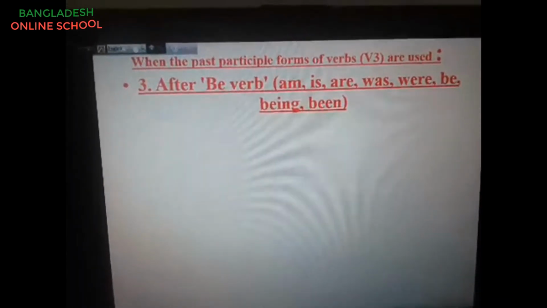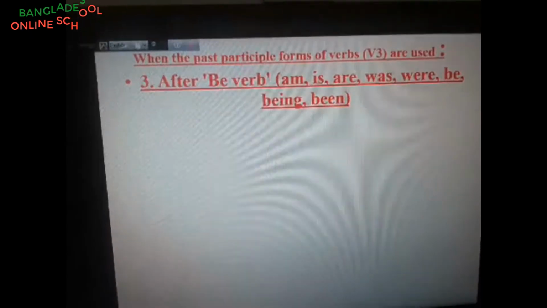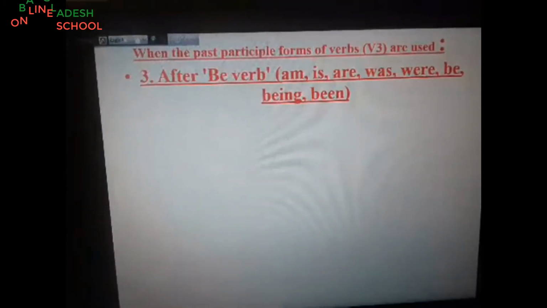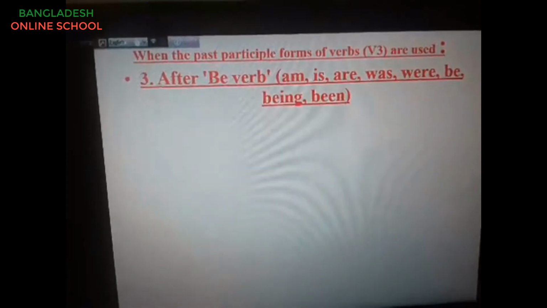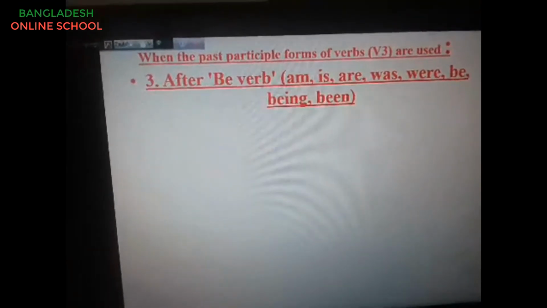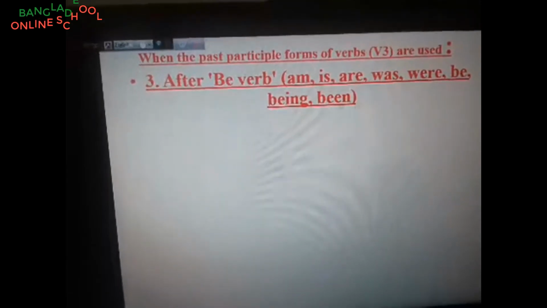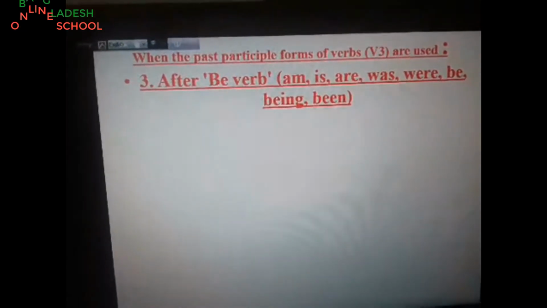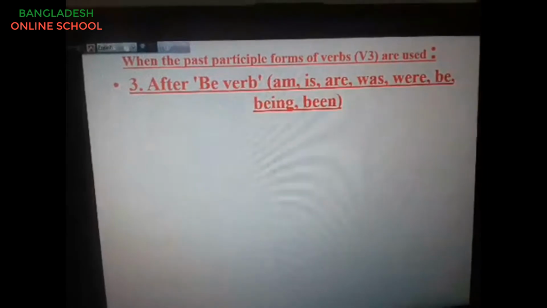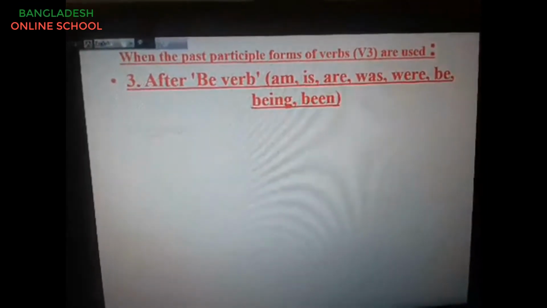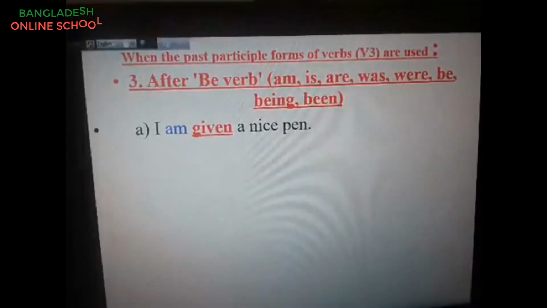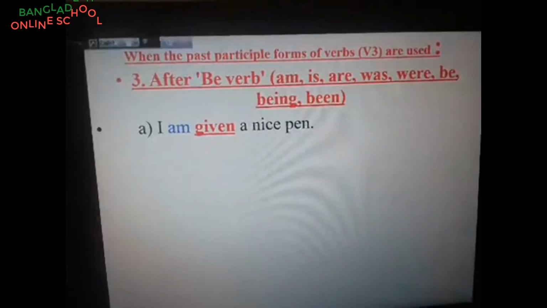Am, is, are, was, were, be, being, been. These 8 verbs are called be verbs. If these be verbs are used in passive expression, then after these verbs, the past participle form of the verb is used. You see, I am given a nice pen.